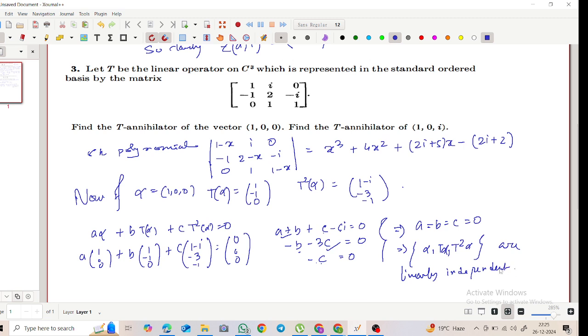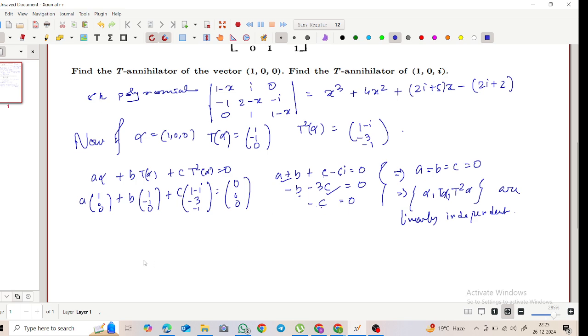Okay. Thus, alpha is a cyclic vector. Okay.